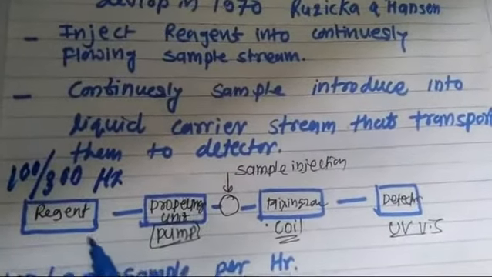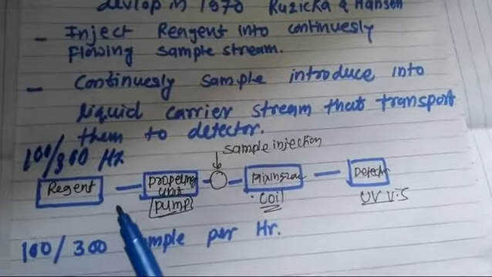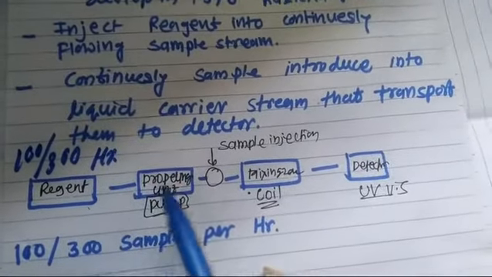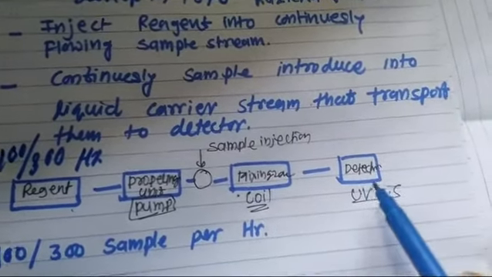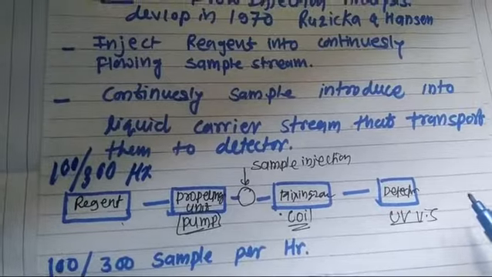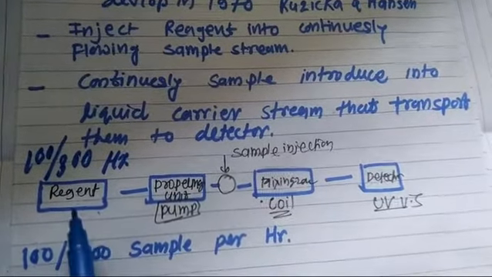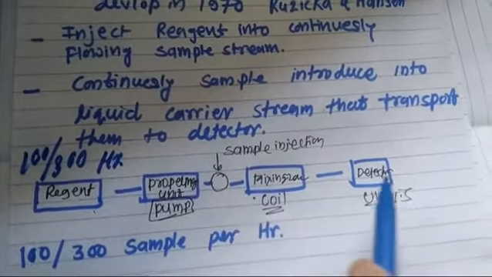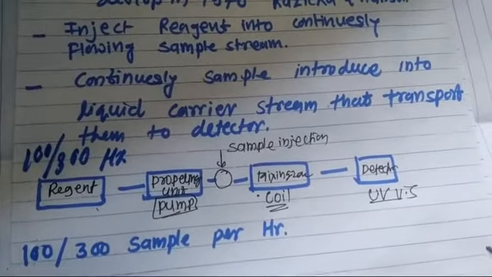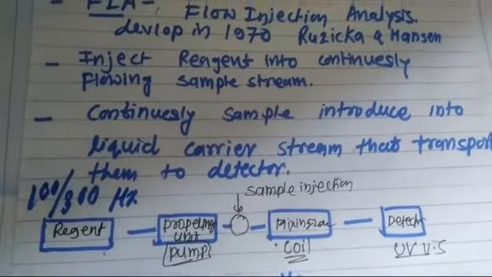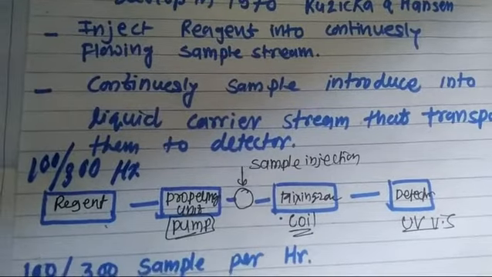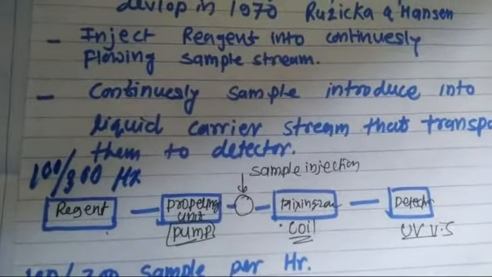So this is a high rate, and it is highly precise. The general flow diagram of FIA is reagent, pump, sample injection, mixing coil, and detector. As detector, we use a UV visible spectrophotometer, electrochemical detector, optical detector, ICP detector, or HPLC detector.